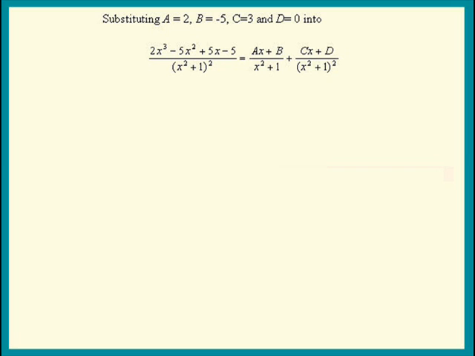Substituting these results into the partial fractions, we find that the original fraction equals 2x minus 5 over x squared plus 1 plus 3x over x squared plus 1 squared.